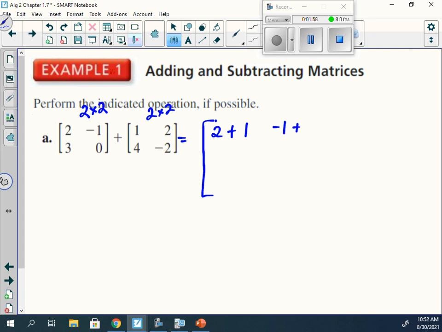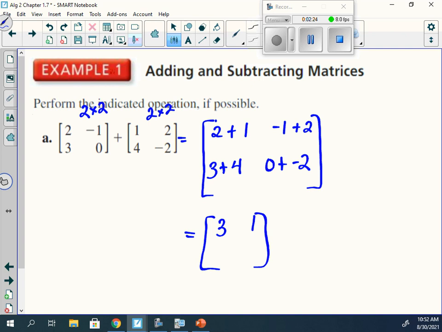-1 plus 3, plus 0 plus... Any questions so far? 2 plus 1 is? -1 plus 2. 3 plus 4 is? 0 plus -2.